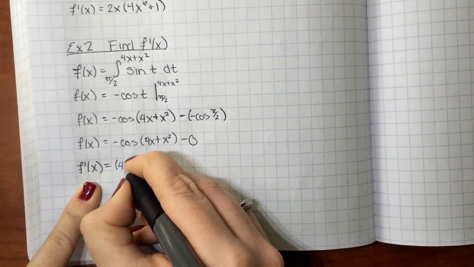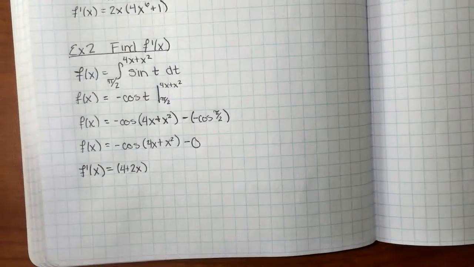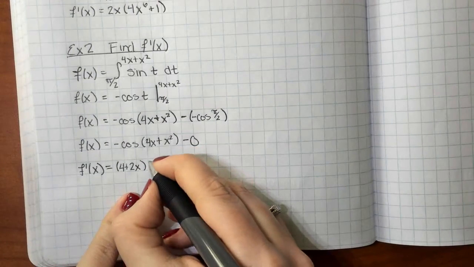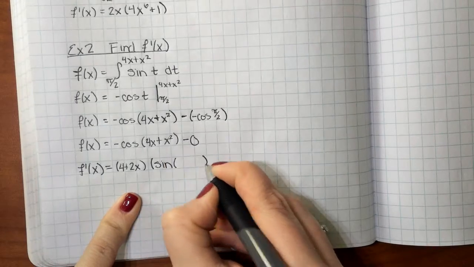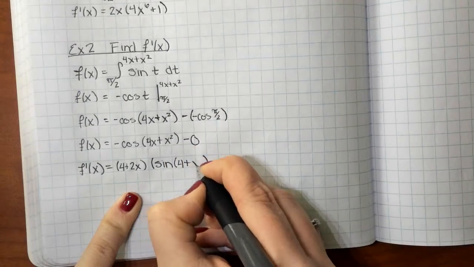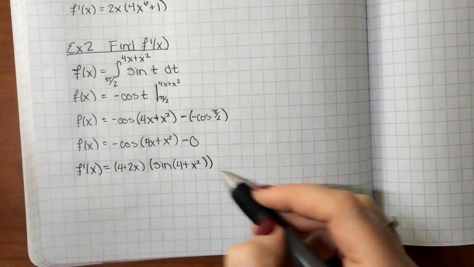Yeah, 4 plus 2x. What's the derivative of negative cosine? Sine. And what am I putting into this sine function? 4x plus x squared. And what's the derivative of 0? 0. So that is my derivative.